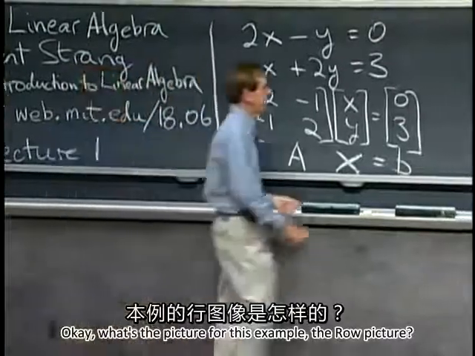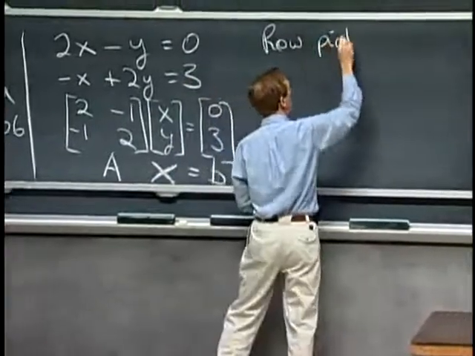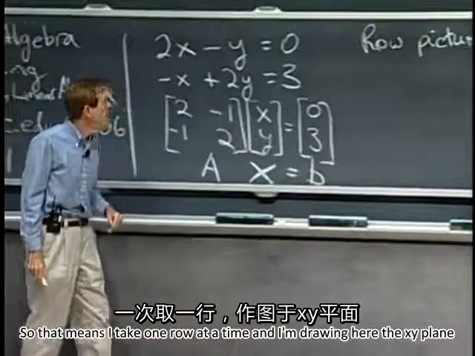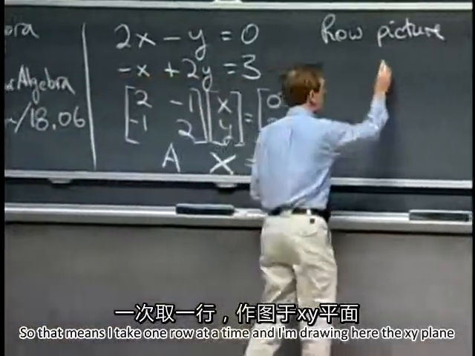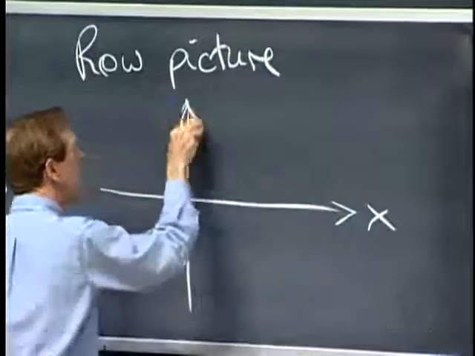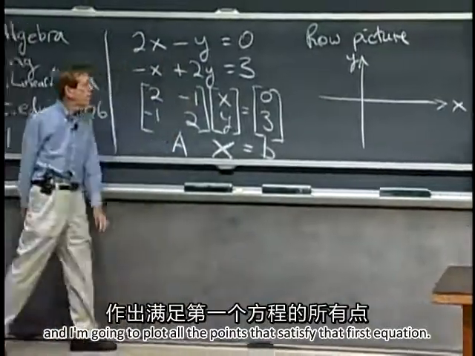The row picture. Okay, so here comes the row picture. So that means I take one row at a time, and I'm drawing here the xy plane, and I'm going to plot all the points that satisfy that first equation.